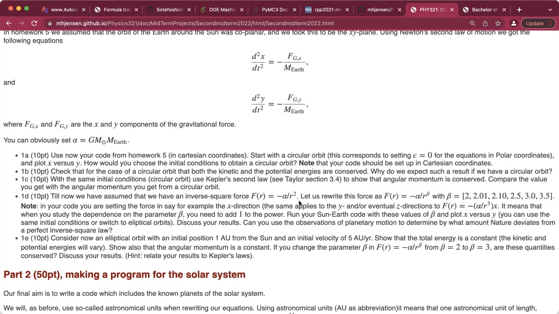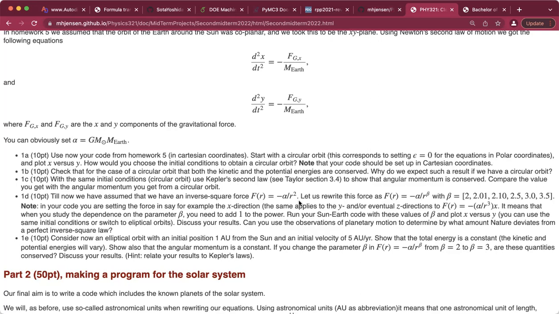And what you're going to observe is that the orbits may not be stable when you increase the power of r. This is an indication that if the gravitational force had another r dependence, it is not likely that the solar system would have been a stable system. And that's an interesting conclusion. These are the kind of things you can explore with the software which you have developed.